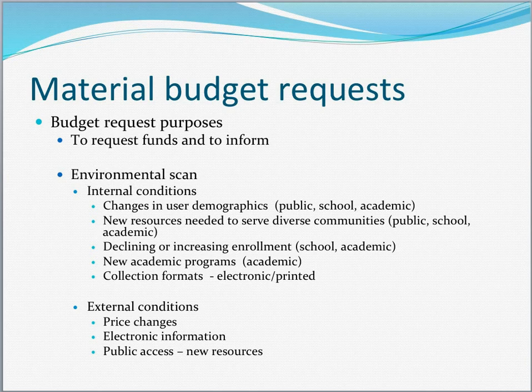Then we have external conditions. Again, these are only some examples. For example, price changes, electronic information, and public access. This is very important because we have to be aware that through the internet we may have access to some resources that we were previously paying for.